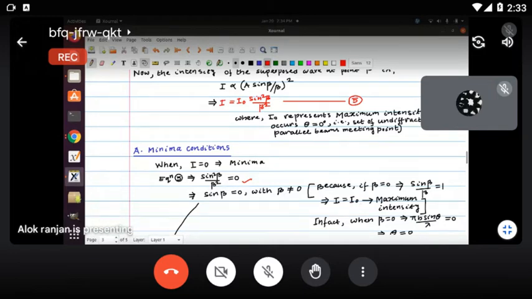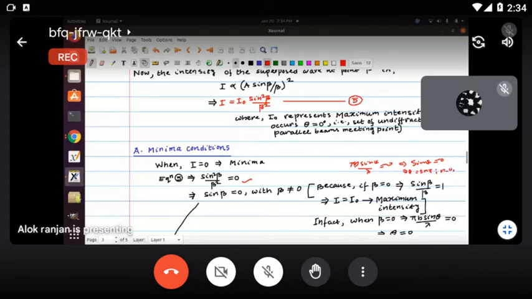So what we learn is that when beta equals 0, which is pi b sine theta over lambda equal to 0, this implies sine theta equals 0, so that leads to the maximum intensity. When sine theta equals 0, that again leads to theta equal to plus minus n pi, right?